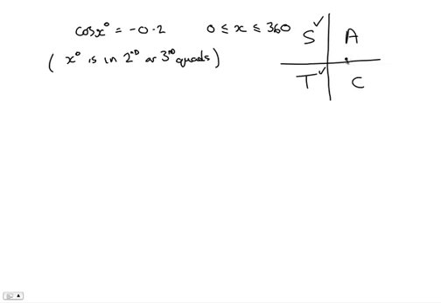Now, in the previous video, I showed you how the first quadrant angle, that's in this case the one where the cosine of x degrees is positive 0.2, is related to the second and third quadrants. To get the second quadrant angle, you do 180 degrees minus the first quadrant angle.